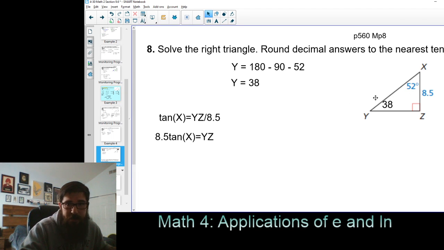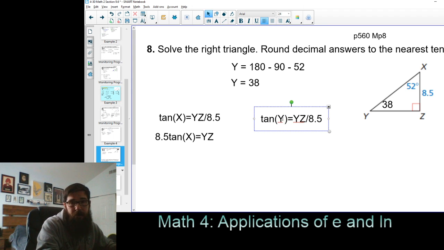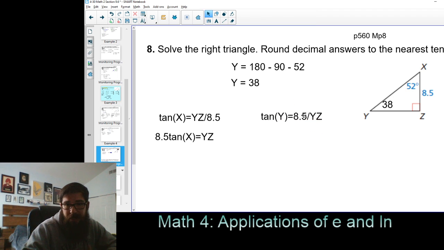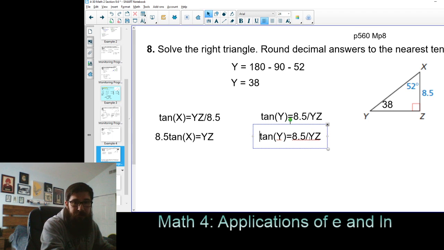I don't know YZ. 8.5 is opposite, YZ is adjacent, so I would write still tangent, but it's now tangent of Y would equal 8.5 divided by YZ. Again, this is algebra from basically 2 weeks ago. If I multiply both sides by YZ, because it's being divided, it's going to look like this.